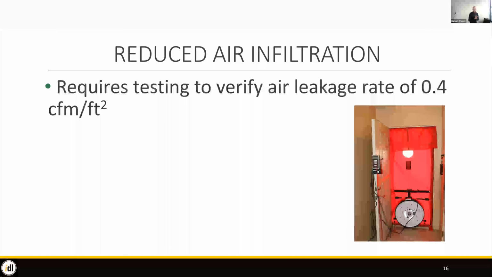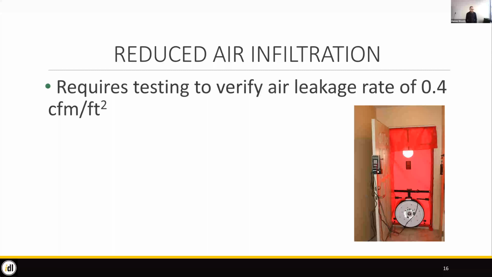All right, the last efficiency option available is reduced air infiltration. And the requirements here are not to do any better than the code minimum for commercial buildings. It's just to test and verify.